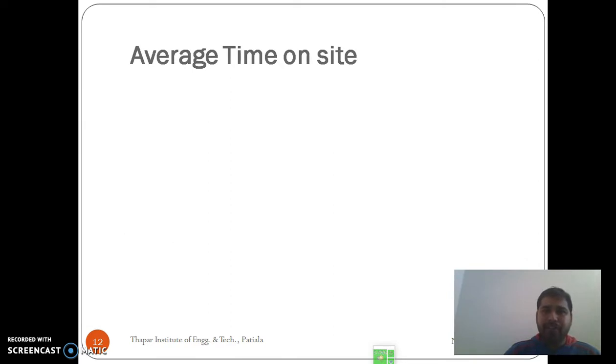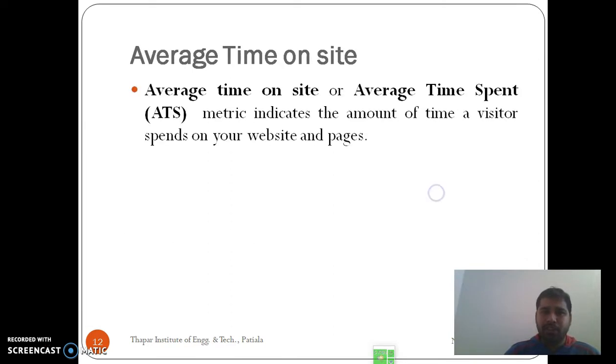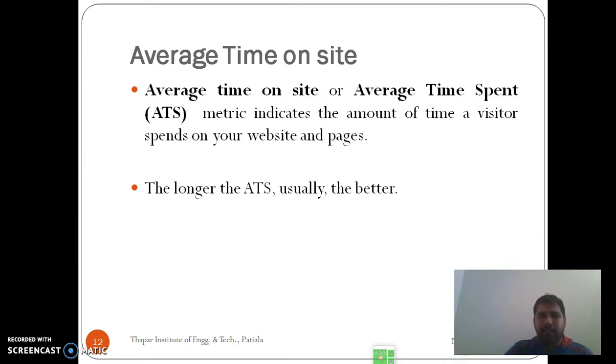Next metric we have is average time on site, or you can say average time spent on your site. It actually indicates the time spent by the user on your website. The longer the ATS, usually the better, but at the same time a longer ATS can refer to bad quality of your website.